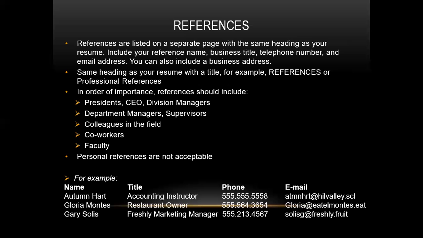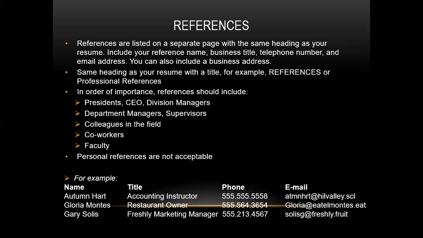All right, in an example here, they've listed the names of the references, their titles, their phone numbers, and their email addresses. If you notice on this example, the first one is an accounting instructor. The second reference is a restaurant owner. And the third is a marketing manager.